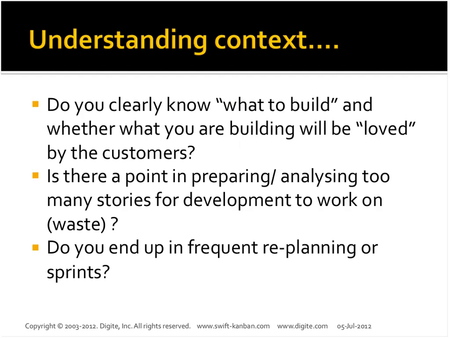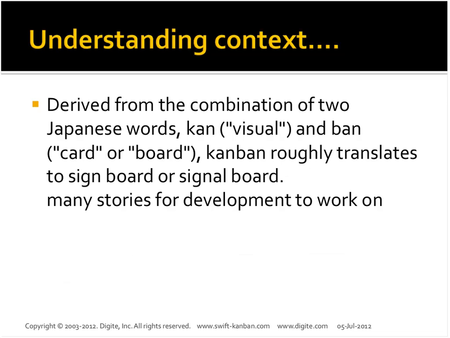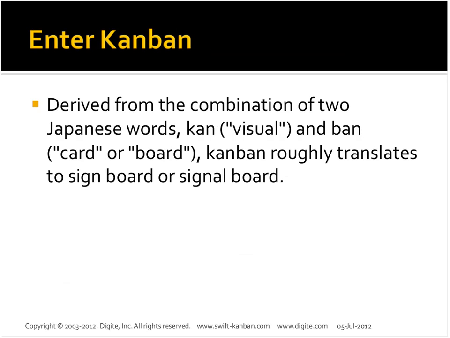Now in all these contexts, something which can definitely help is what we're going to propose, which is Kanban. Kanban comes from the Japanese Toyota Production System days, and is nothing but a visual cue or visual board. It was used in manufacturing to signal replenishment of an inventory part, which created a pull mechanism through the whole value chain, so you end up building or delivering just exactly when you need it, and what you need.